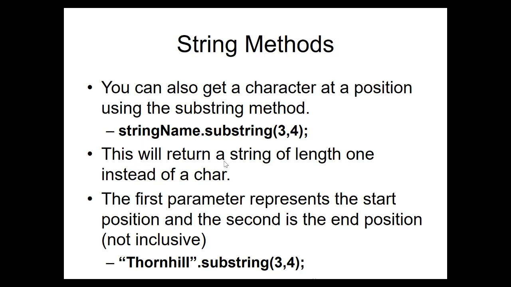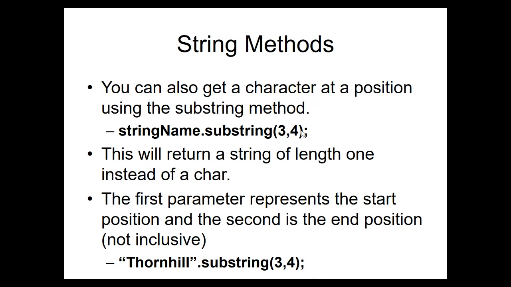I'll just mention quickly, there is another way to get a character at a position, and that is using the substring method. The substring method is more flexible because it can get you any part out of a bigger string. And in this case, I'm just getting one letter. The tricky thing with substring is that the first parameter, which is the 3 here, is the starting index.